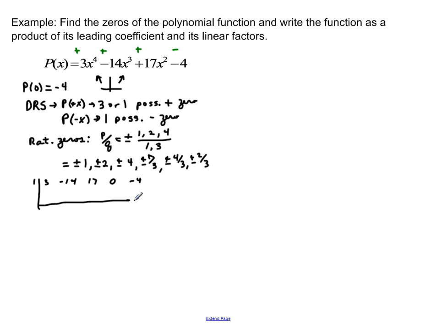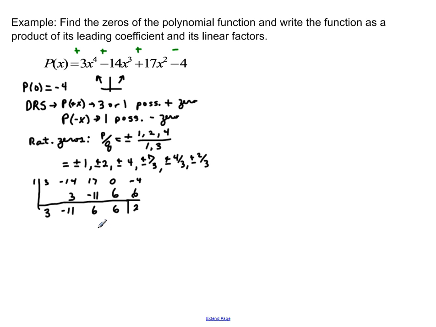So let's just continue on. What do we do? Bring down the 3, multiply, add down the column, multiply, add down the column, multiply, add down the column, multiply, add down the column.